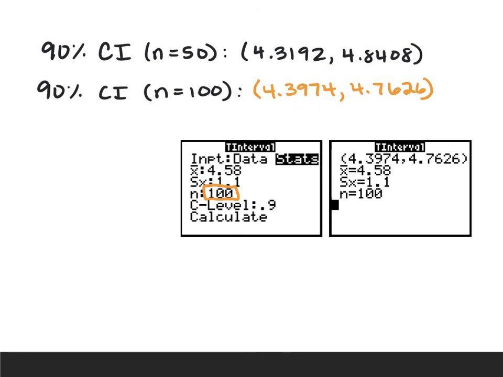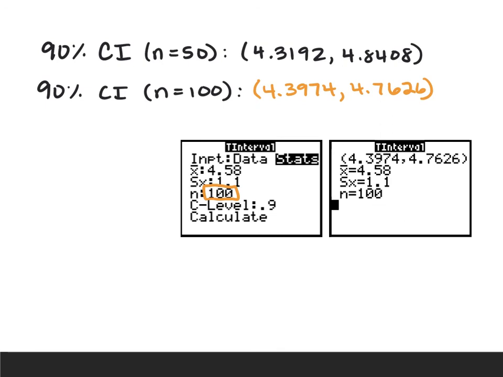So if I have a larger sample size, then even with 90%, I'm still 90% confident, but I've narrowed in a little bit more. If I change that to 1,000, I don't have a screenshot for this, but I'm just going to test it really quick. I've got all my same mean, same standard deviation, but I'm going to say a sample of 1,000 graduates, and I want to be 90% confident.